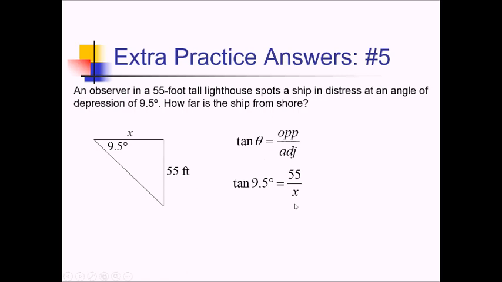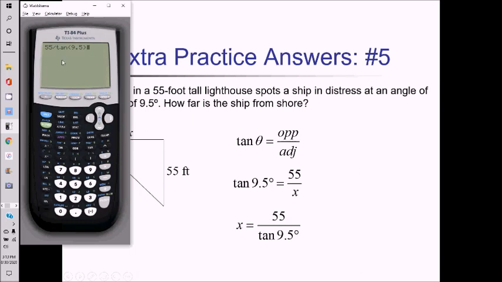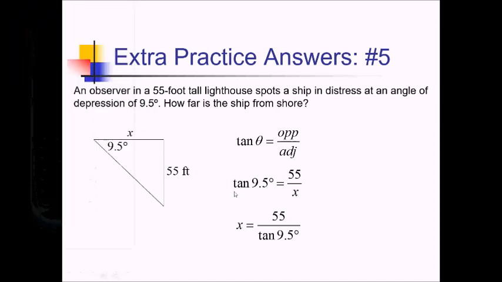And to get x, I have to multiply by x and divide by tan of 9.5. So 55 over tan of 9.5 now is what we're going to do on the calculator. So there we go. Plugging that in the calculator, we end up with 328.7 if we round that off. So that's how far away the ship is from the shore.